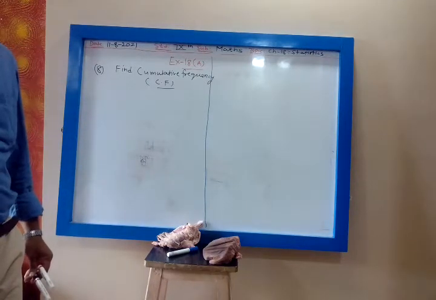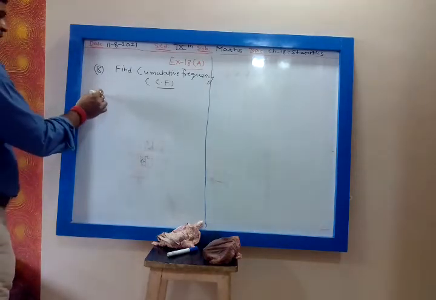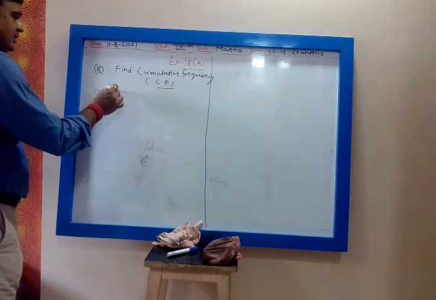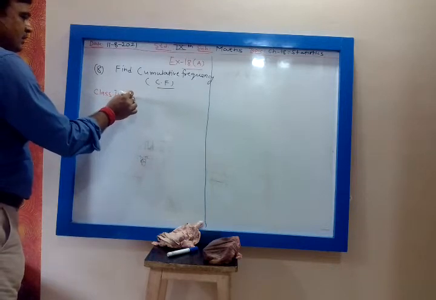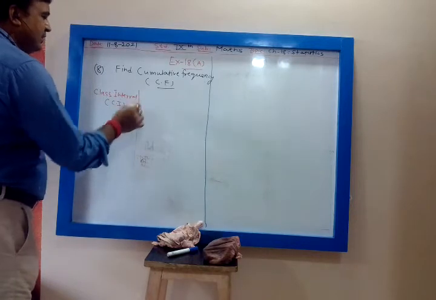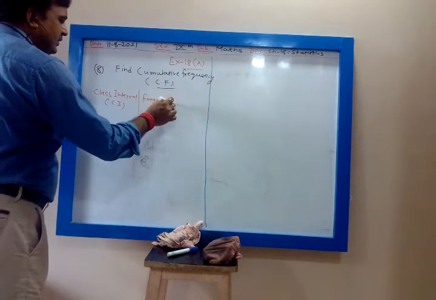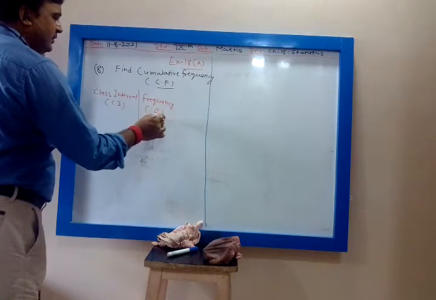Make this table: class interval, that is CI, and we are given frequency, that is F.